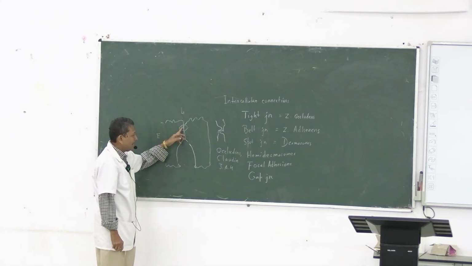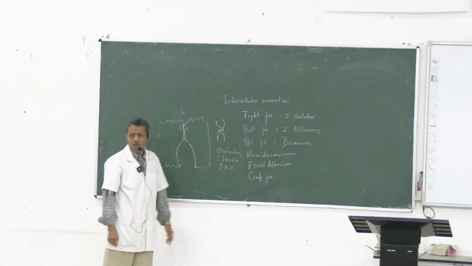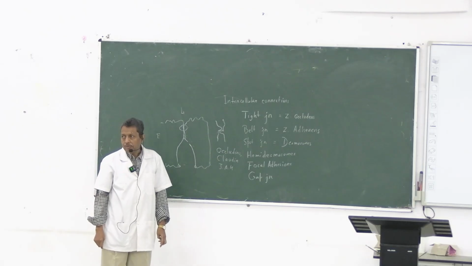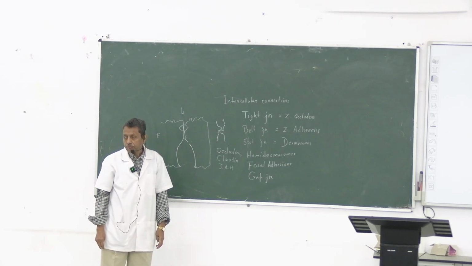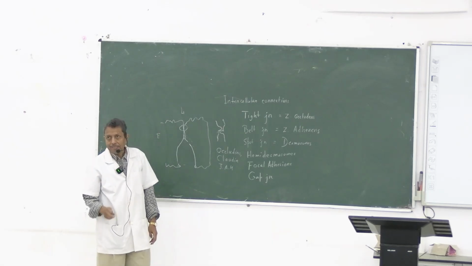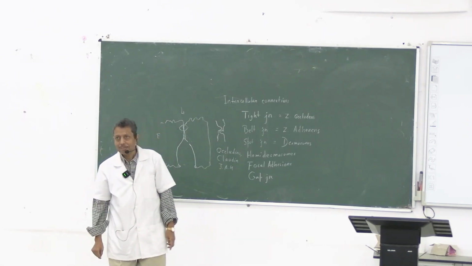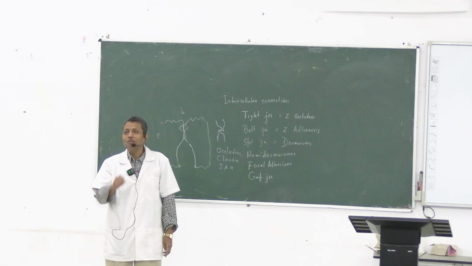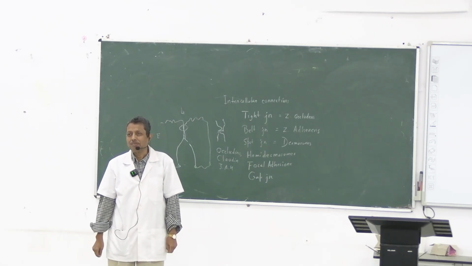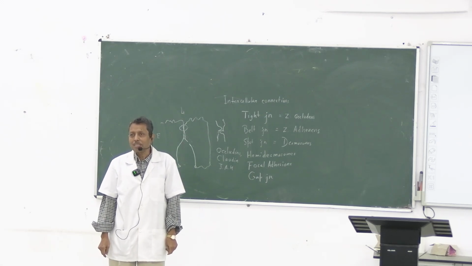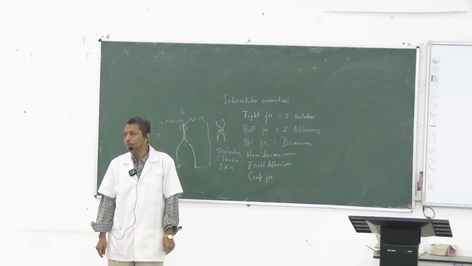They will allow water, ions and small molecules to pass, and they may be selective in some cases, and their tightness varies. In the GI system, the upper small intestine, jejunum and ileum are more leaky, and the colon is to some extent more tight. Permeability varies.